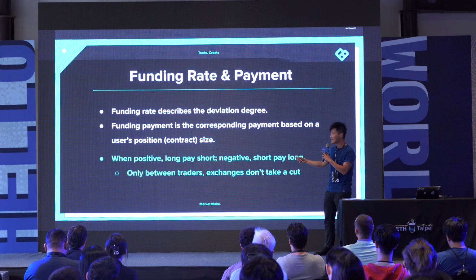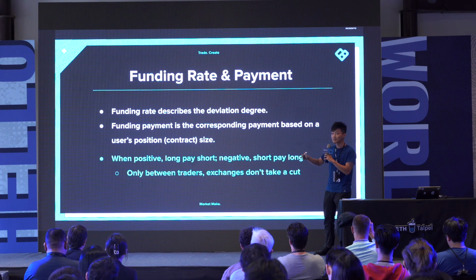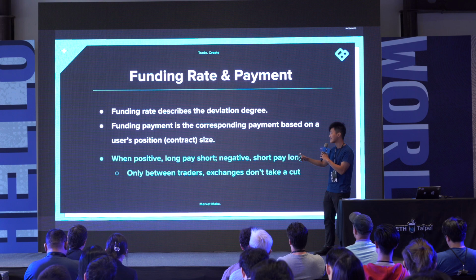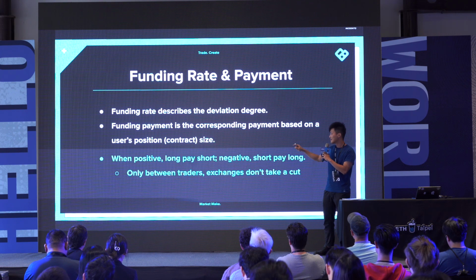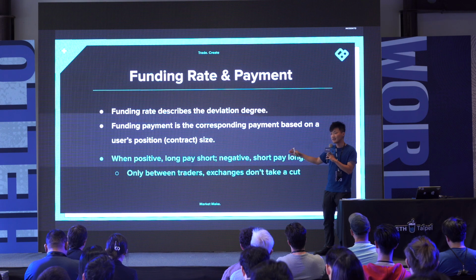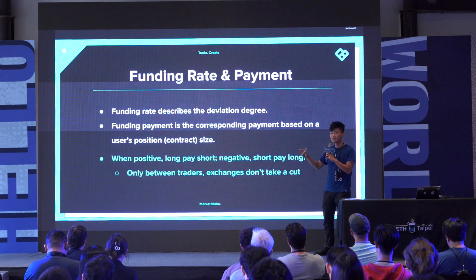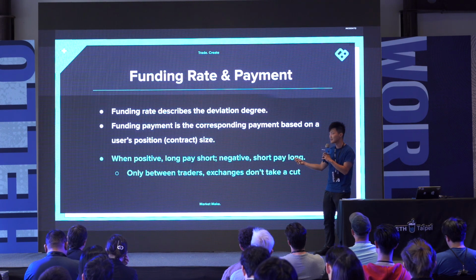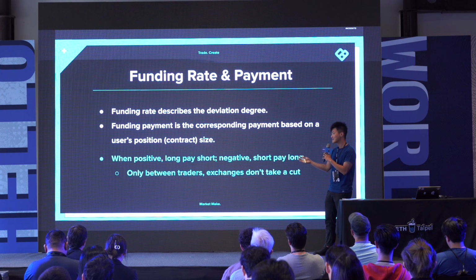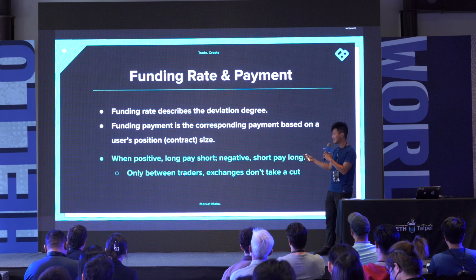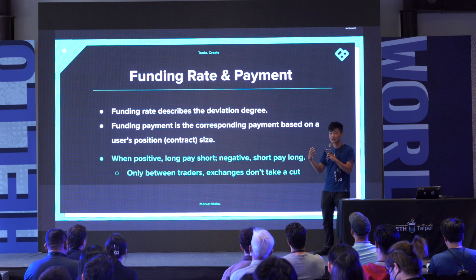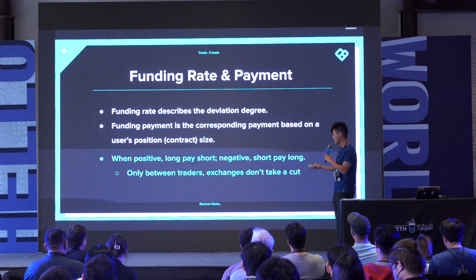And we will define when funding rate is positive and negative in the next slide. But it's worth noting that these funding payments only occur between traders. So the exchange does not take a cut from this funding settlement unless the exchange itself holds a long or short position. Otherwise, this payment only happens between traders.